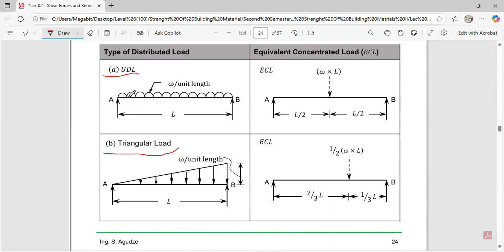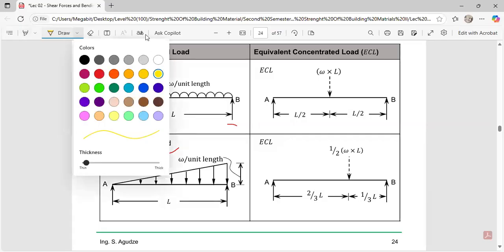This is how the UDL is drawn over here. You can see the UDL being supported at both ends, which are A and B.